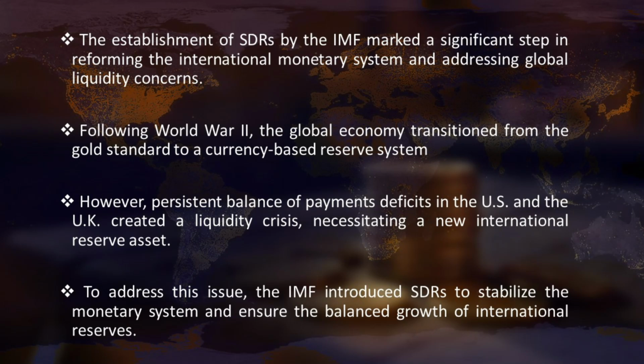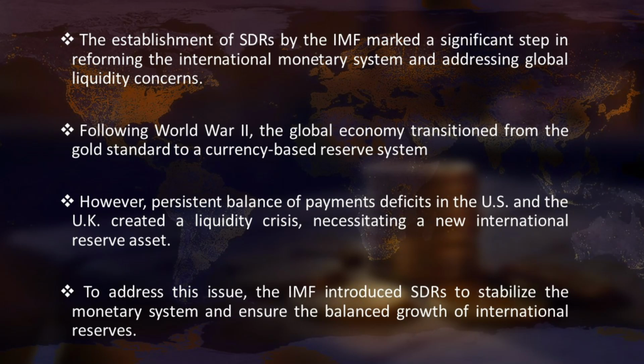So what happened after World War II? The global economy transitioned from a gold standard to a currency-based reserve system, as we have already explained in the first part of my lecture. So it was predominantly relying on US dollars and British pound sterling.